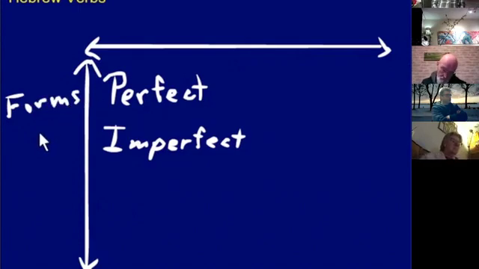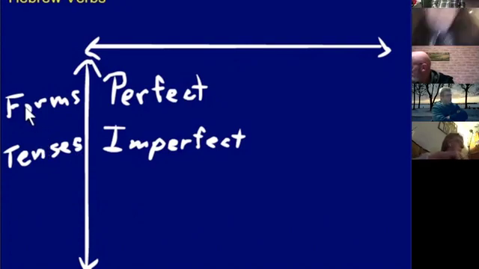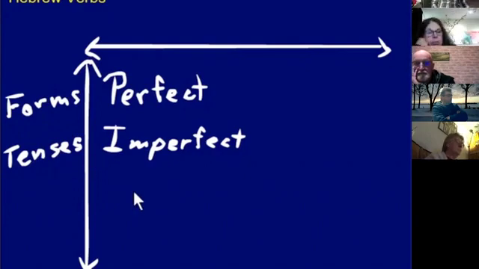Forms, or some people call these tenses. Technically, strictly speaking, they're not all tenses. So forms is a better way to talk about it, but sometimes you'll hear tenses, or maybe I'll say that. The perfect fits up here in the top left.